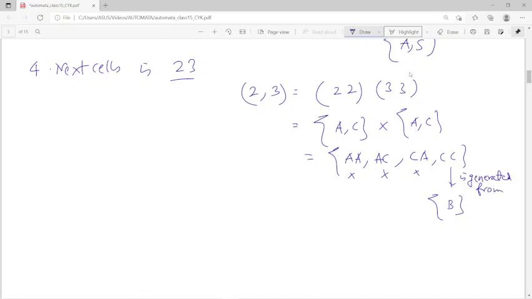So what is the meaning of that? The string is 1 2 3 4 5, and the string is BAABA. What is 2 3? 2 3 is AA, right?